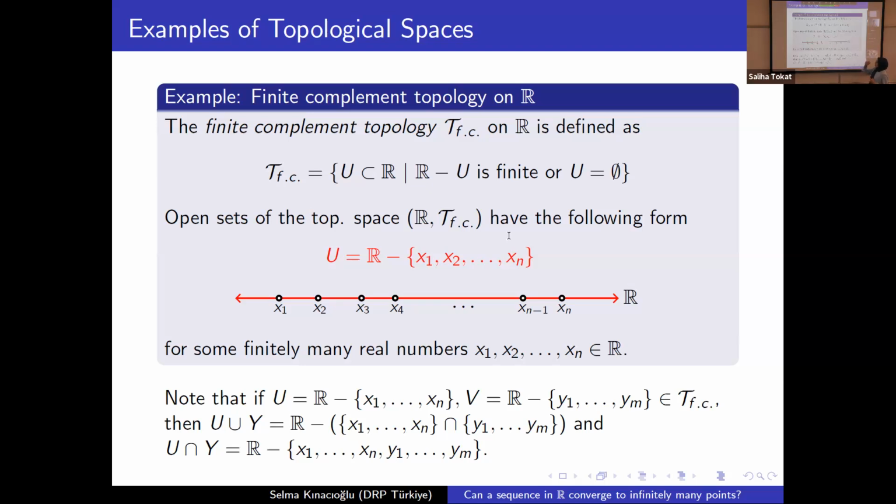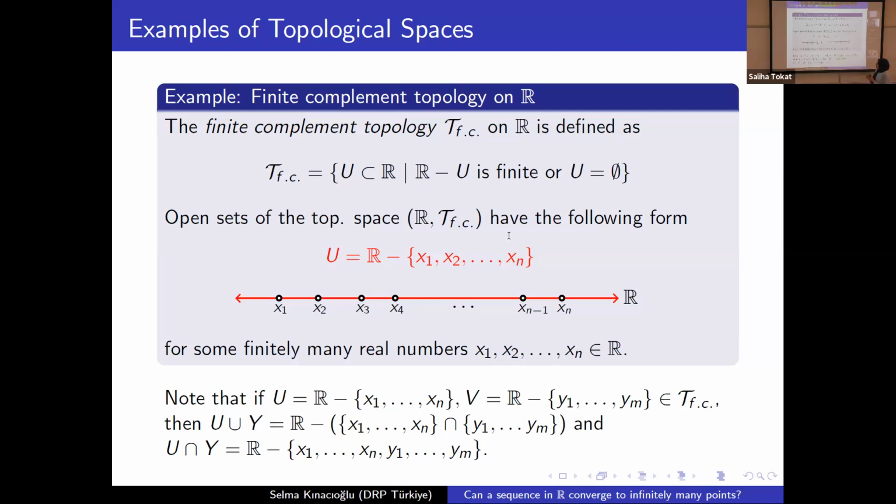If I remove only one point, imagine that we removed only one, like xn minus 1. And this is U. And imagine that I removed from the real numbers some set V, removing 2 or 3 points. When I intersect these 2 sets, I will find a finite value because there's no infinite value here.